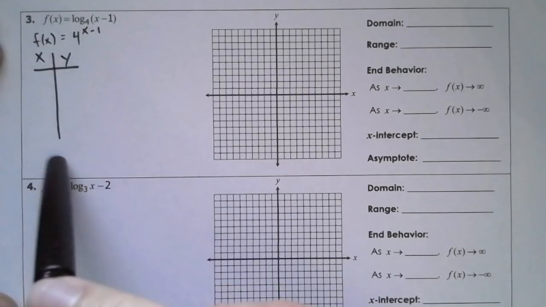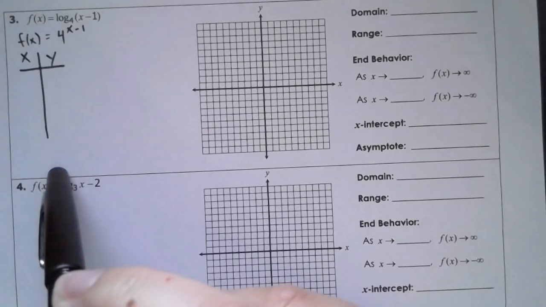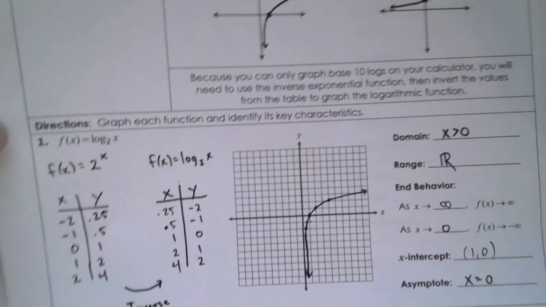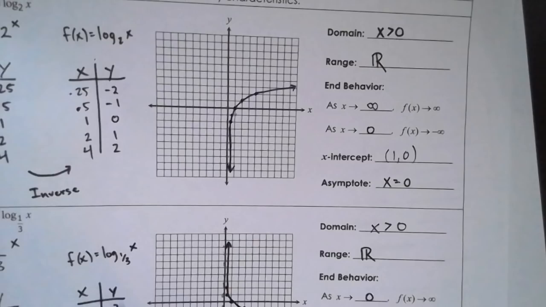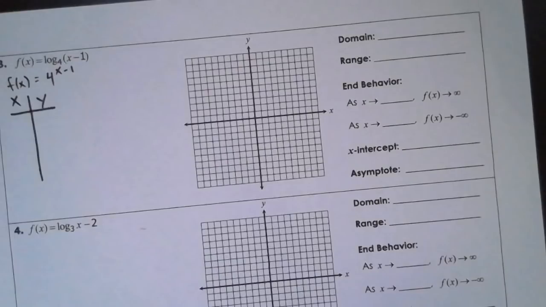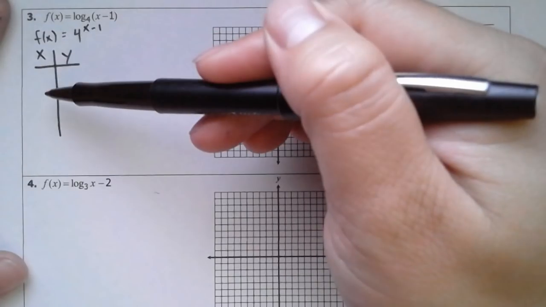So not to confuse anyone, the table I'm going to be doing for example 3 is the second one that I've done in the previous two, the inverse already. So what would normally go on my x column, which is -2, -1, 0, 1, 2, I'm going to go ahead and put it on my y column already.